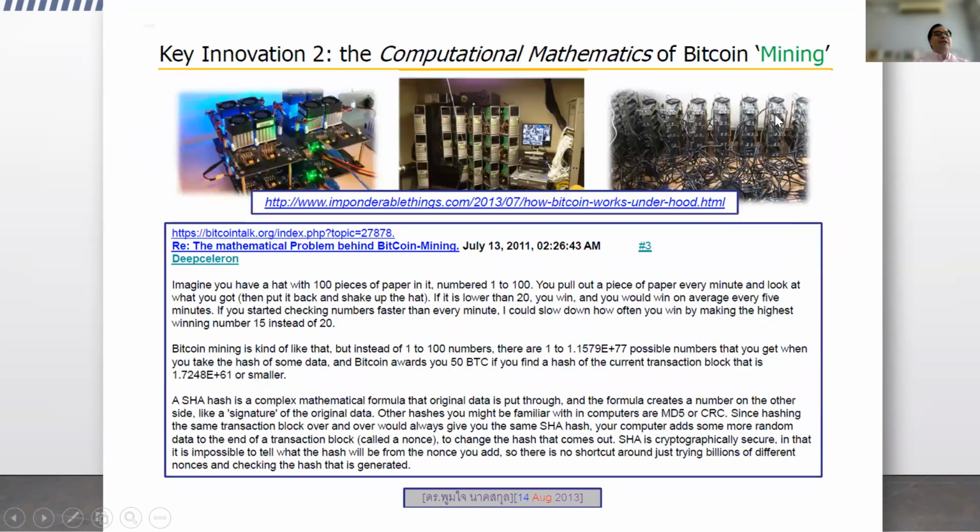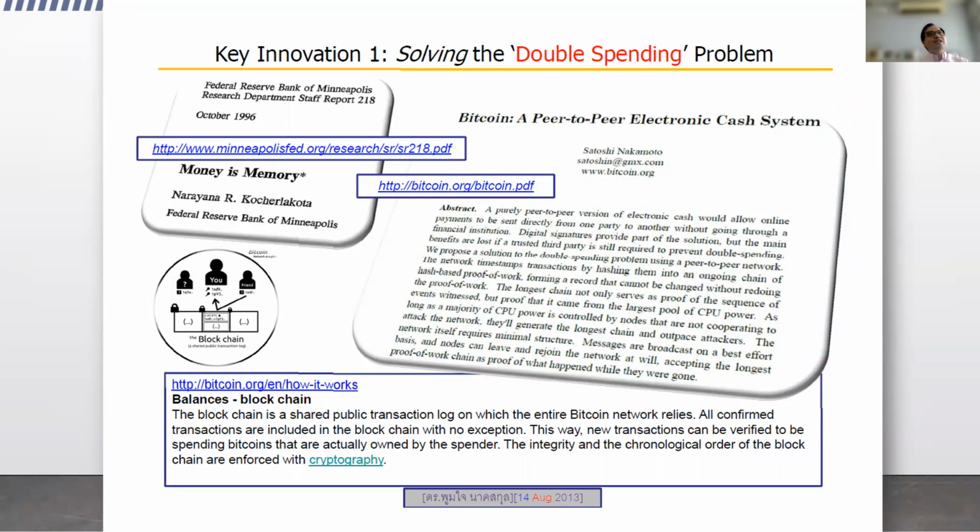And Bitcoin mining solved two problems. It creates blockchain, and while it's creating blockchain, people who create blockchain get a reward, and that's how the monetary supply grows. So it's very ingenious between these two pieces.